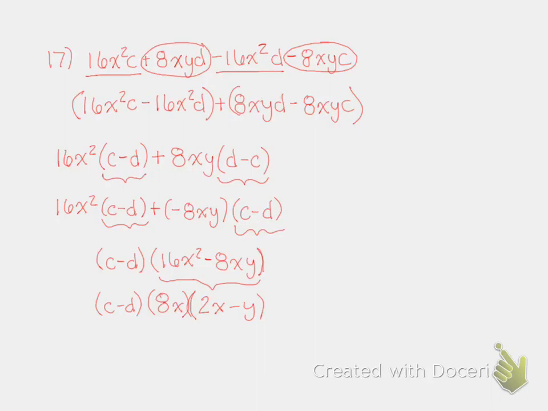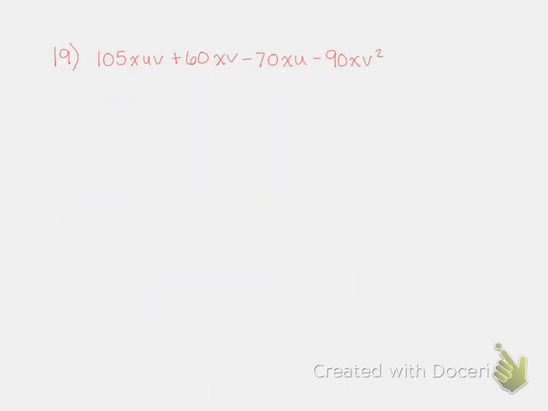Okay? If we look at number 19 here, ask yourself, this is whenever you kind of have to think ahead as to what your grouping is going to look like and what your factoring is going to look like. Look at the variables. In this one I have xuv, and here I have xv.